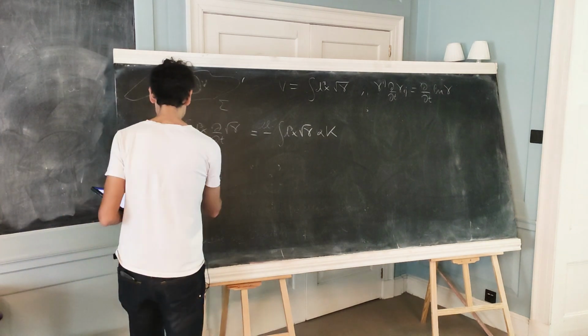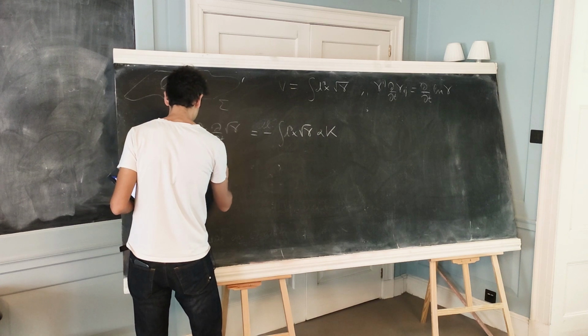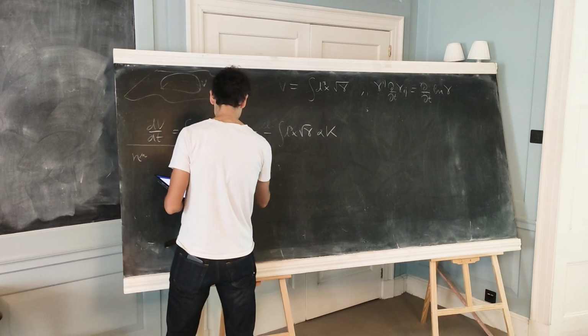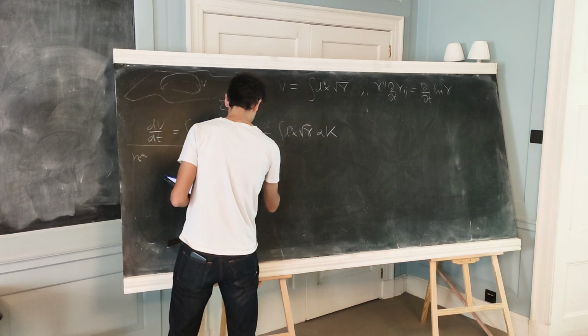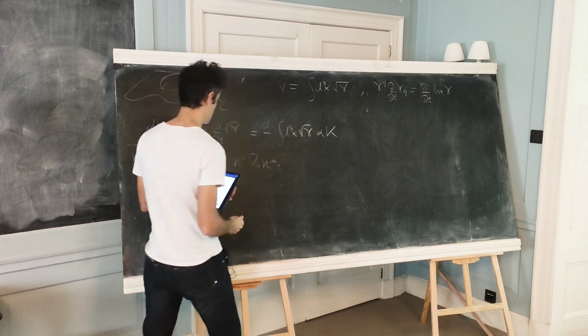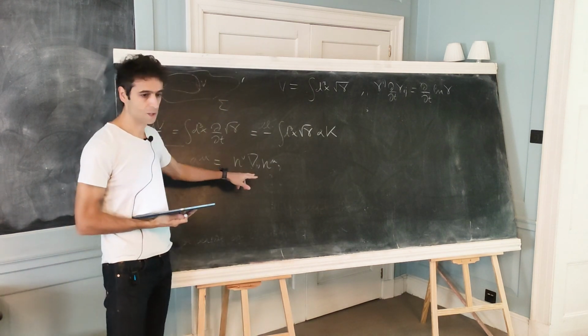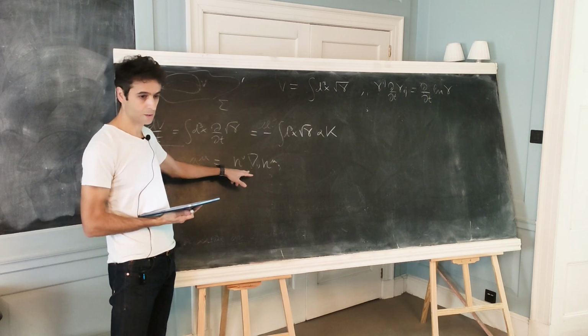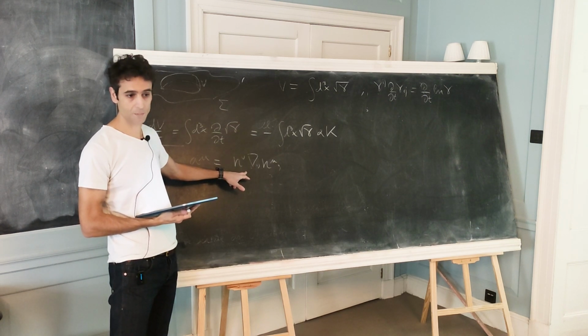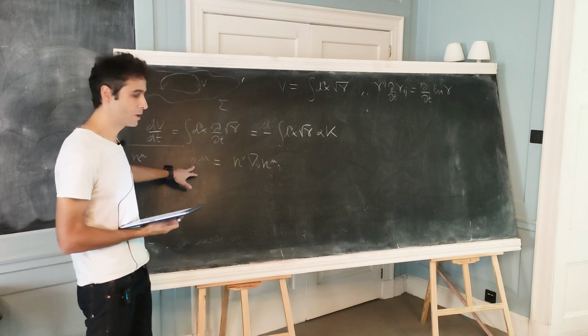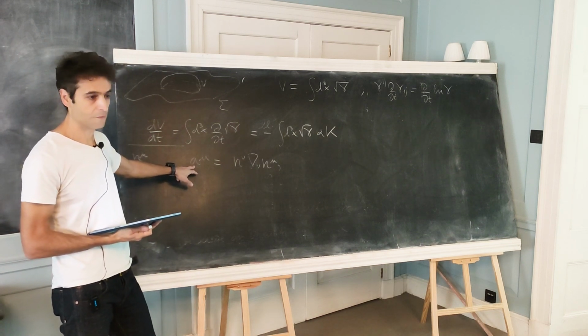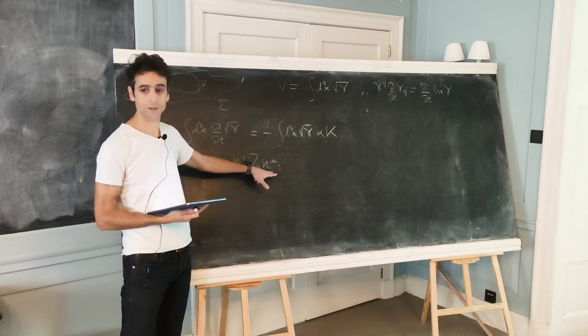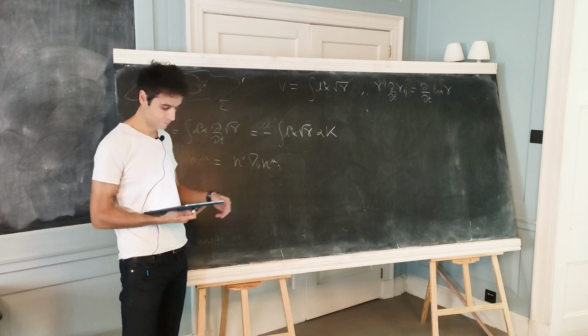So you can compute the acceleration of these observers by this formula. If this is a geodesic, this will be 0 if you choose an affine parametrization, and the acceleration just measures the failure of this vector to be tangent to a geodesic.